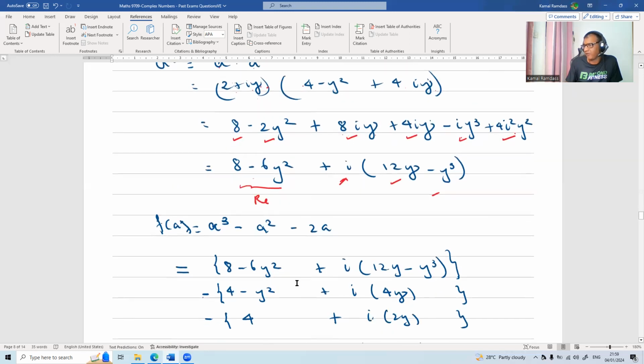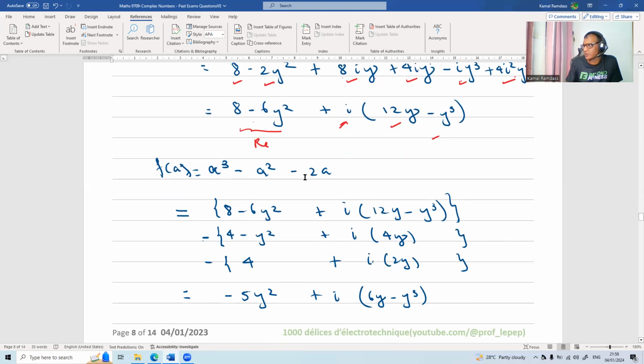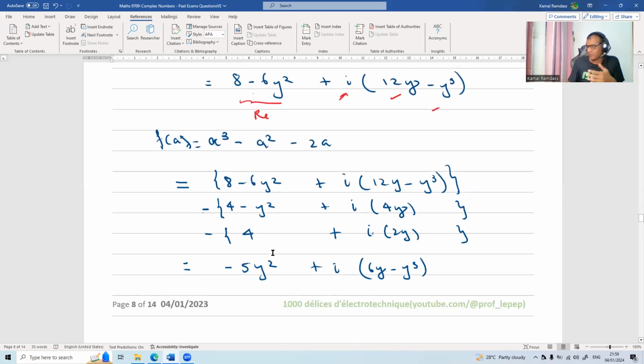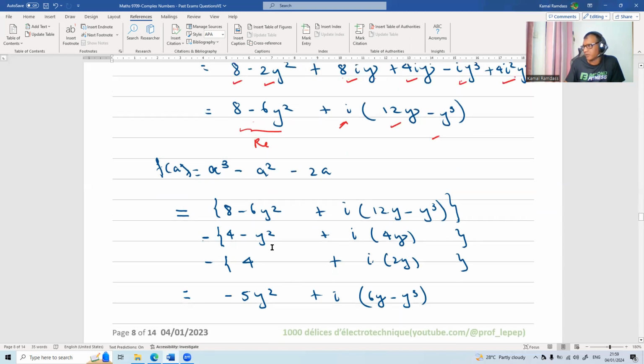f of a, il y a nous a cube minus a square minus 2a. Et qu'est-ce qu'on fait? Moi, pour ne pas faire une erreur simple que je suis capable de faire. Moi, personnellement, facilement, je peux faire une erreur là. Hein? Si je calcule tout de la tête, etc., c'est facile qui me fait erreur. OK. A cube, je vais écrire là. C'est real part.